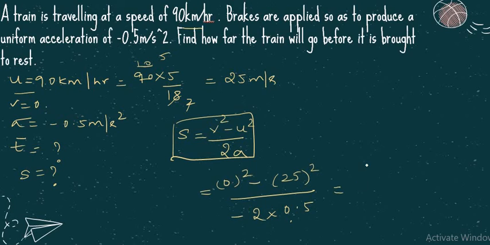So it is equal to 625 divided by 1, that is equal to 625 meters. It has covered a distance of 625 meters. Okay, this is how we can find the distance or displacement shown by the object, that is train.